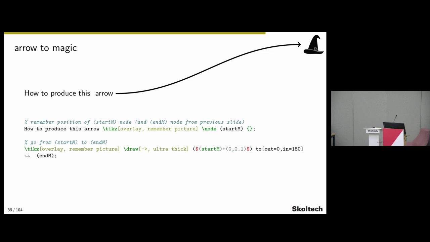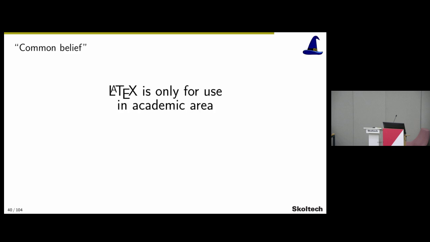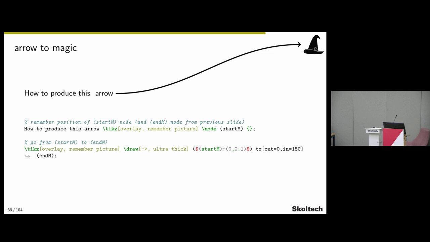Yeah, this is a calculation to put the start of the arrow a little bit to the right of the text. Yeah, very beautiful. Do you have any additional comments about this piece of code? What do you think? How did I place this arrow from the previous slide?